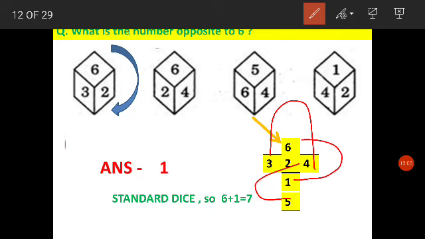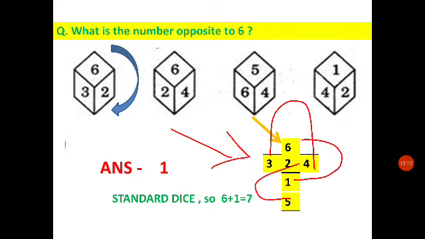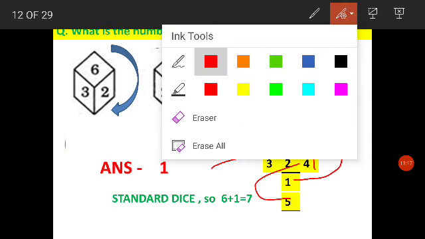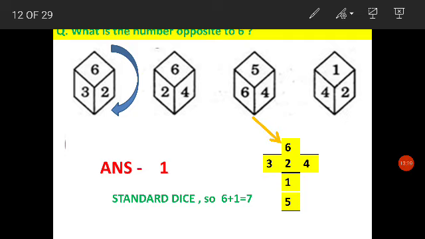You always draw the figure like this and then check the opposite faces. Then you'll be able to find out the answer correctly. Actually in cube and dice type questions, you'll get about 7 to 8 questions of this type, so it is better that you perfect this.